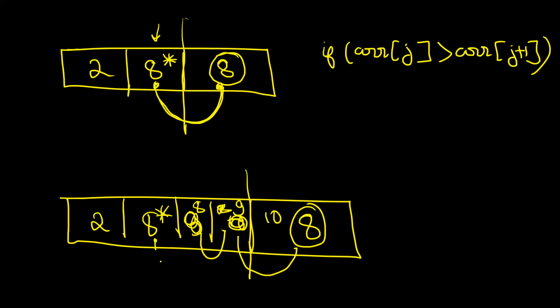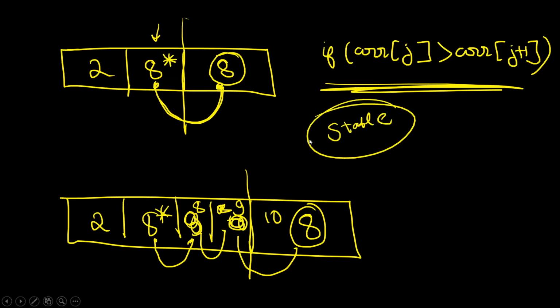Now when you compare this 8 star with 8, will you do a swapping? Never. Because I was only swapping if the element is greater than its next element. So definitely for the same elements, the relative ordering will never be disturbed if you use this condition for swapping. So can I say insertion sort is stable? No, it's not about break.